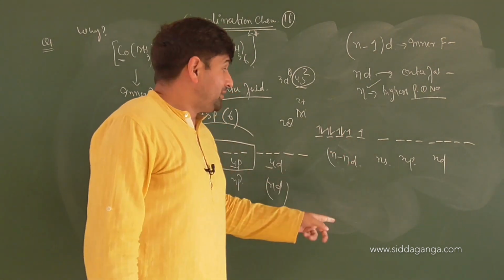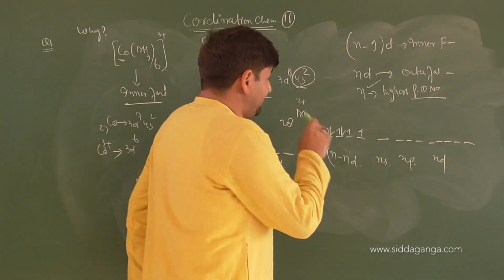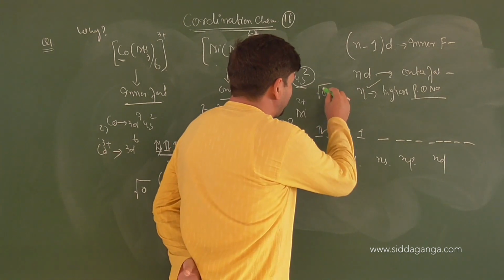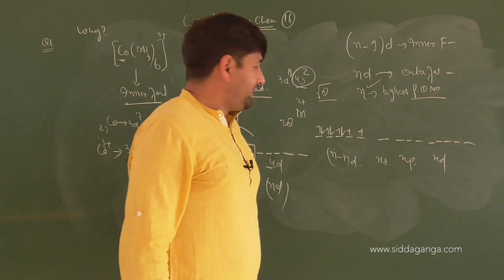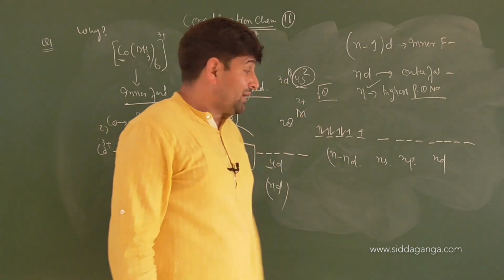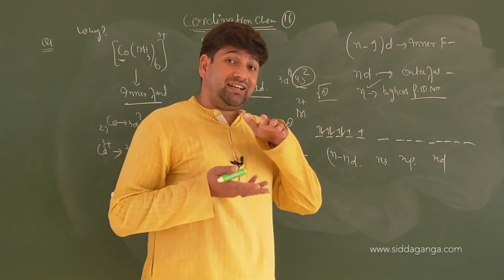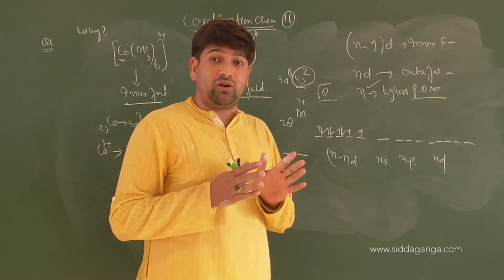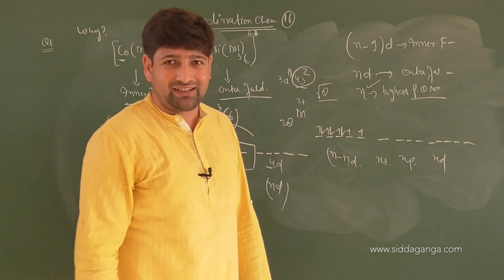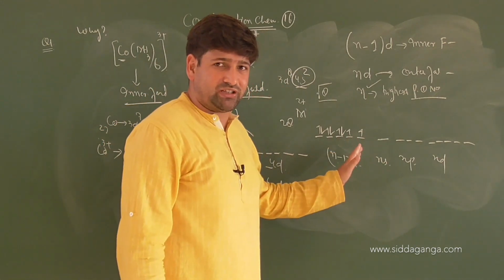No. Why? Because in VBT, through magnetic moment we find the magnetic moment is √8, indicating that there are 2 unpaired electrons. In crystal field theory you learnt that this is the eg set, and in the eg set in octahedral complexes pairing will not occur, because this set will be of same energy, so no pairing is forced here at all.